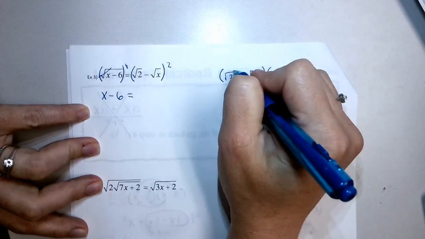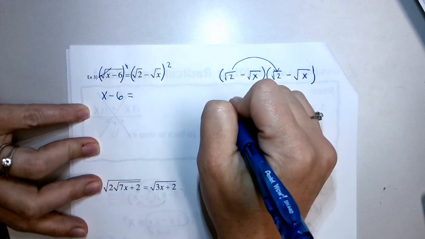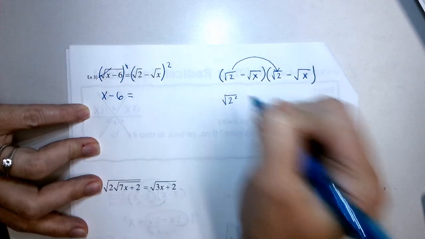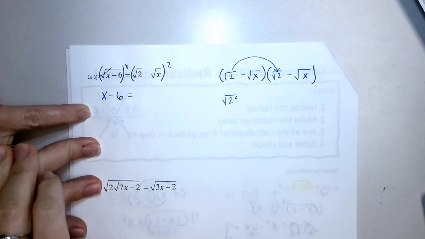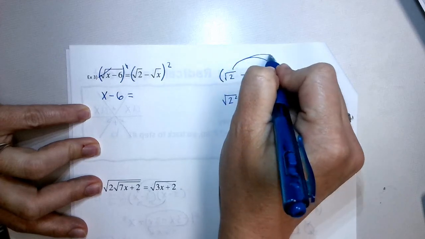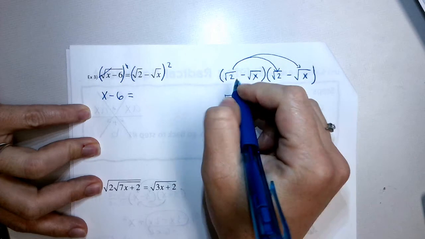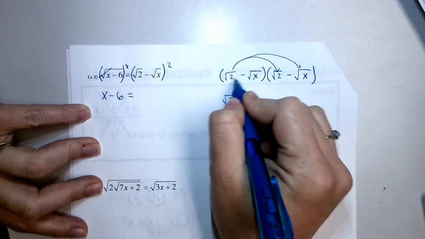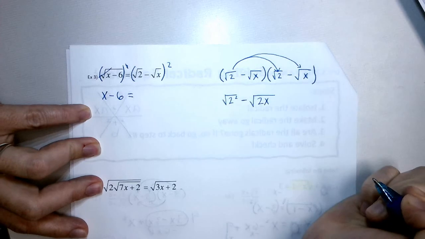So what's the square root of 2 times the square root of 2? I always like to write it as the square root of 2 twice, or you could do the square root of 4. Those are equal. Okay, now this times this, well, first off, it's a positive times a negative, which is a negative. And they both are a square root, so I can multiply them. What's 2 times x? It's just 2x.